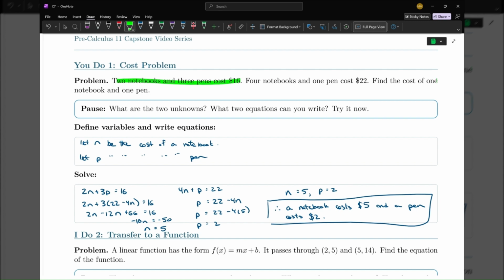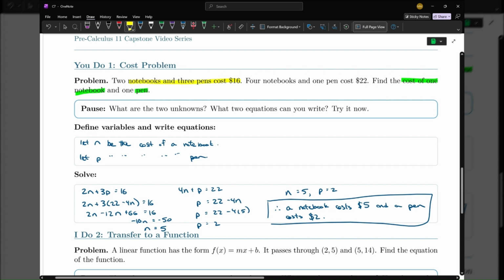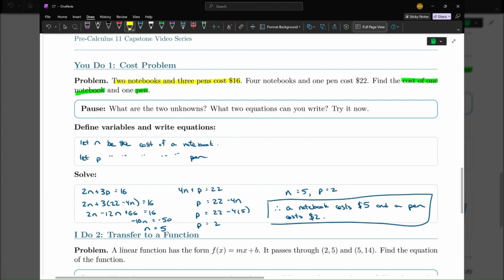I guess first, I was missing the cost of a notebook and the cost of a pen. Then, let's change this color to yellow. Two notebooks and three pens cost $16. So that's some clue about n and p. And then I also know that 4 and 1 cost 22. That's a second clue. So I have two equations, two missing things, and I solve.